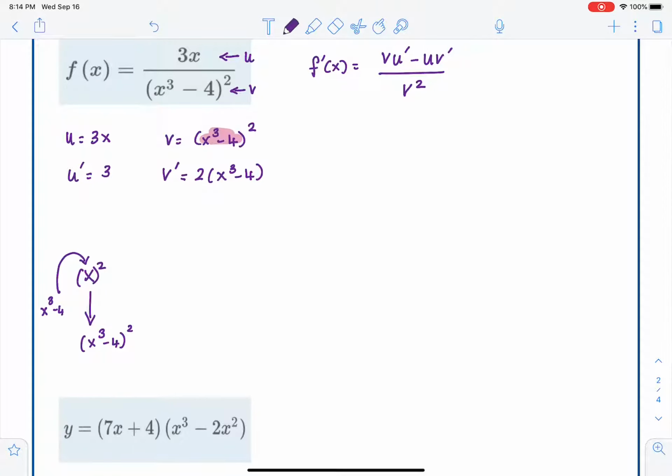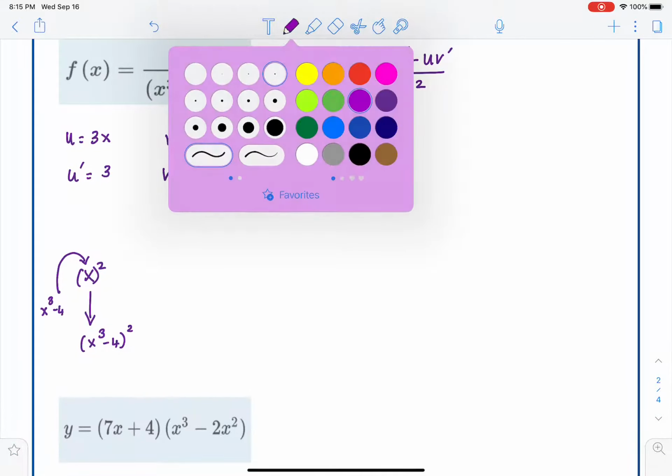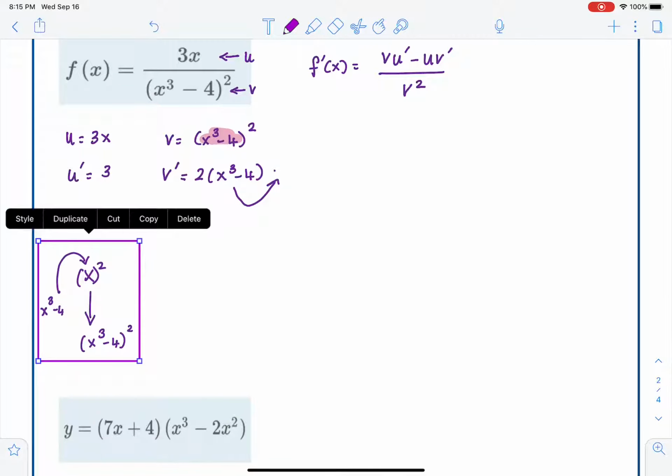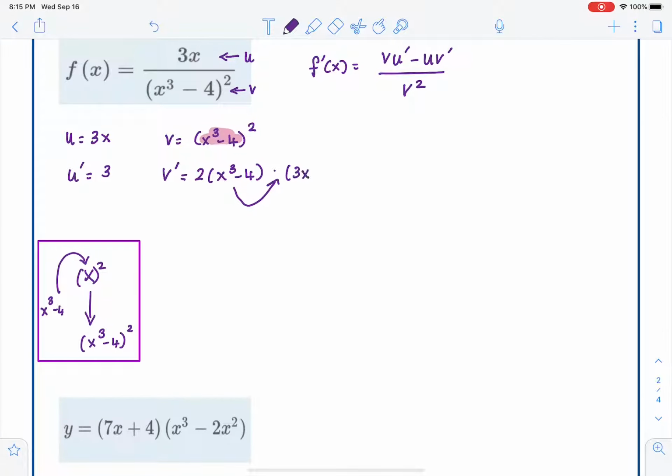But since x cubed minus 4 replaces x, over here, in terms of composition of functions, we have to multiply it by the derivative. The derivative here is 3x squared minus 0, which would simply give us 6x squared multiplied by (x cubed minus 4).